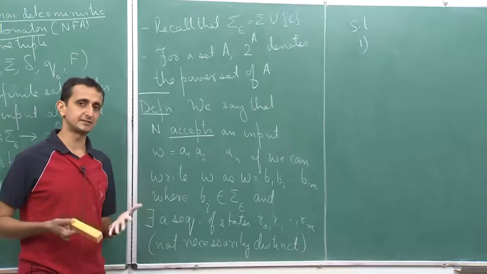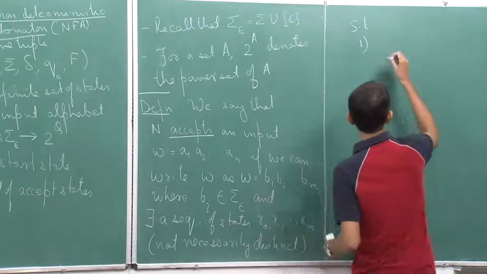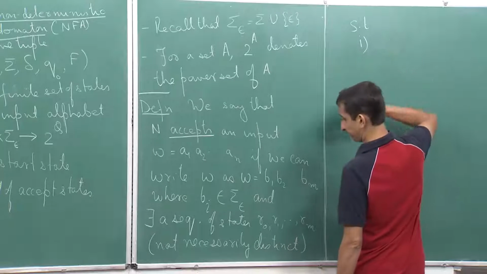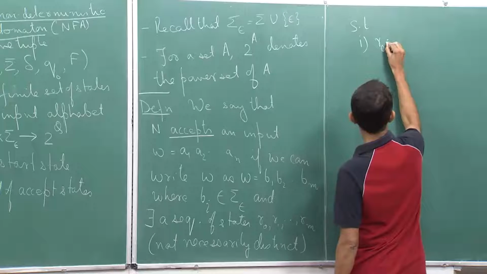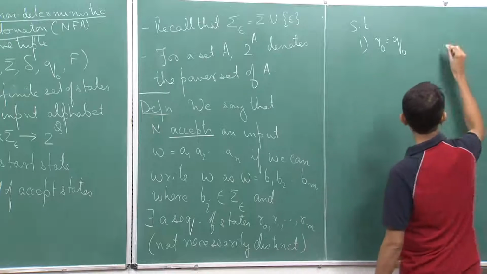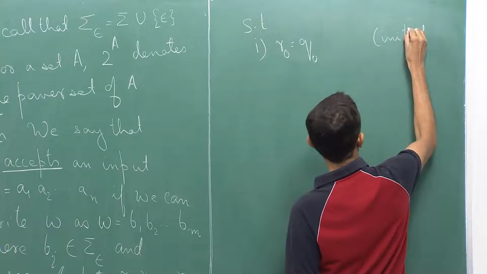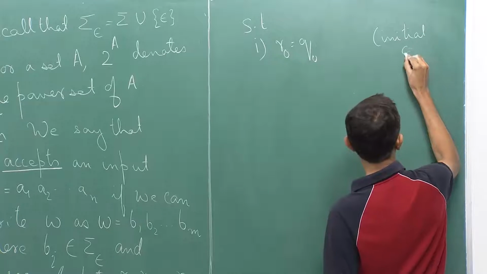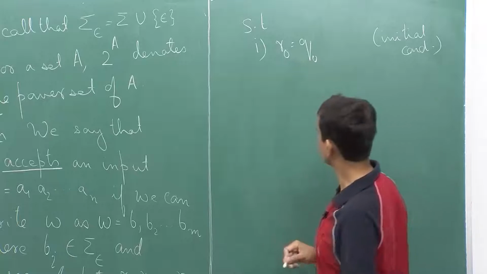So some of these states can be the same state, such that first we have to write the initial condition, that is R0 equals Q0. So this is the initial condition.